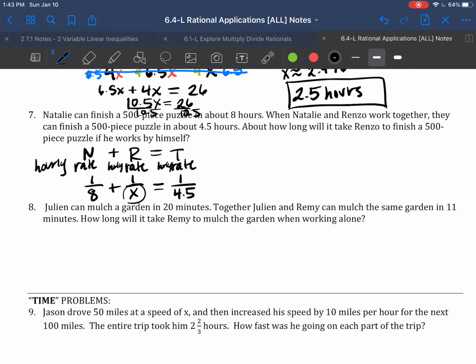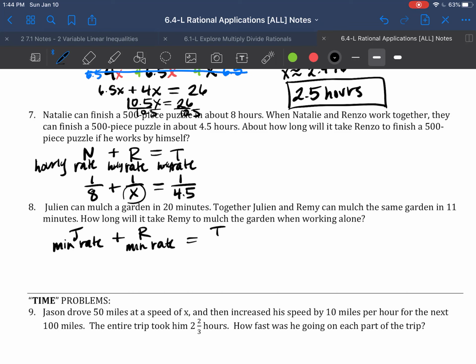Okay. And then number 8, Julian can mulch a garden in 20 minutes. This time we're working with minutes. It's going to be the same idea though. Together, Julian and Remy can mulch the same garden in 11 minutes. How long will it take Remy to mulch the garden when he is working alone? Okay, so this time we're going to take Julian's rate per minute, and add it to Remy's rate per minute.